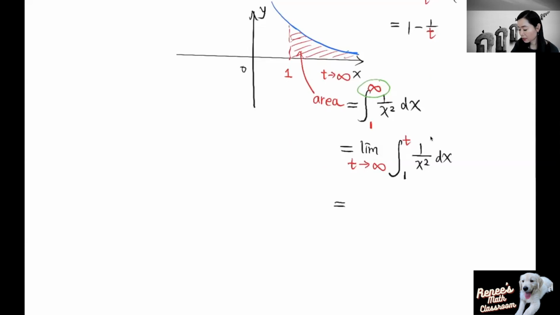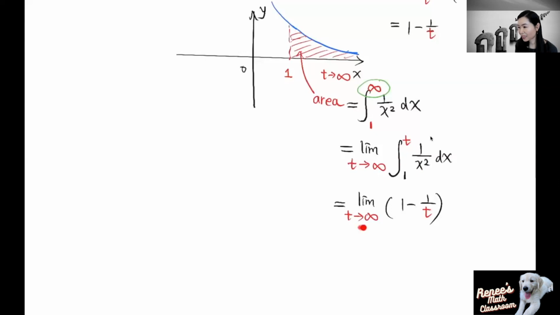We have done this proper integral up here, right? The result is 1 minus 1 over t. So we're going to take this limit, 1 minus 1 over t, where t goes to infinity. So we take the limit of this proper integral.